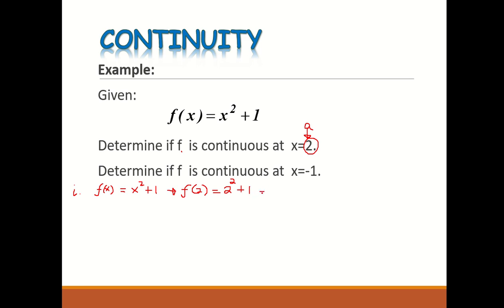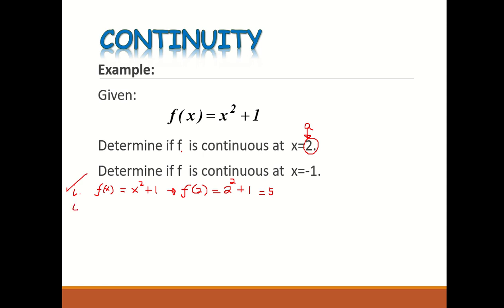This is equal to 4 plus 1 equal to 5. Alright, so it means that f of a, which is f of 2, exists. Okay, so we have a value here which is equal to 5. Alright, so it means that we passed condition number 1.